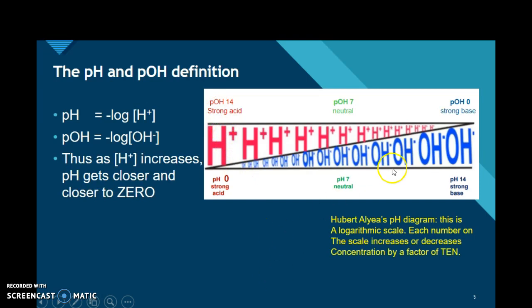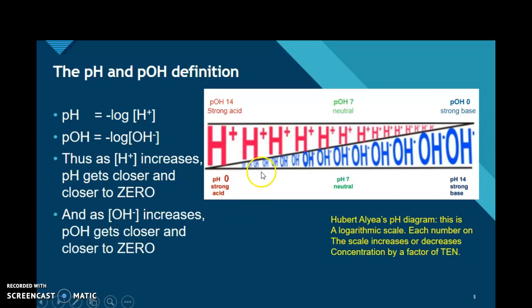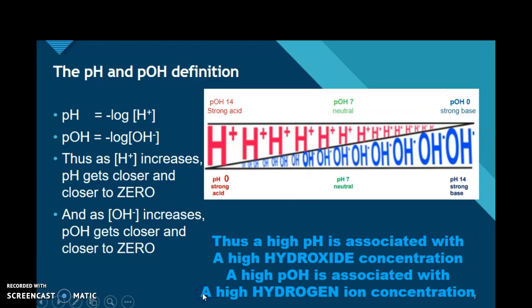Thus, as the hydrogen ion concentration increases, the pH gets closer and closer to 0. And as the hydroxide ion concentration increases, the pOH gets closer and closer to 0. Let's look at this a couple of other ways.